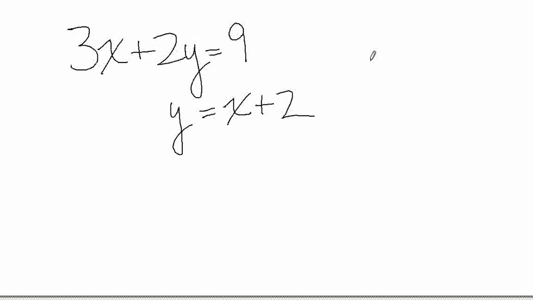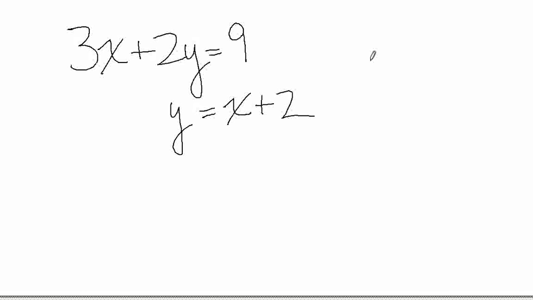Now, one of the things that makes systems of linear equations difficult to deal with is that you have two equations instead of one. Furthermore, you have two variables, right? What if there was a way that I could eliminate one of the variables? Wouldn't that be helpful? All right, watch this.